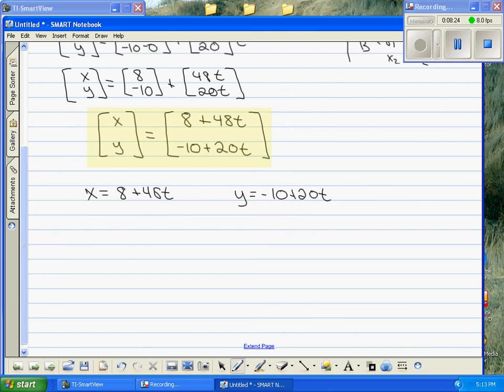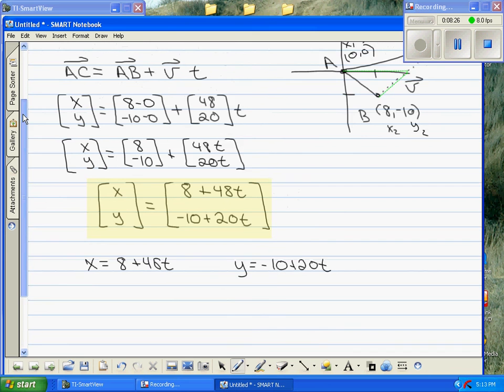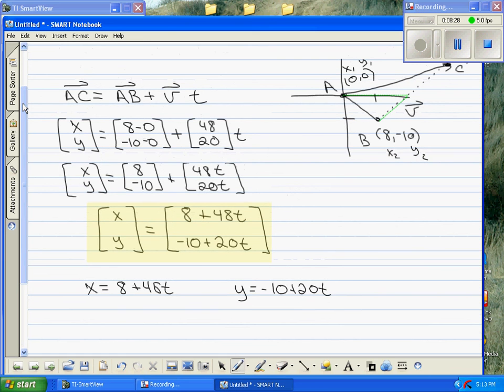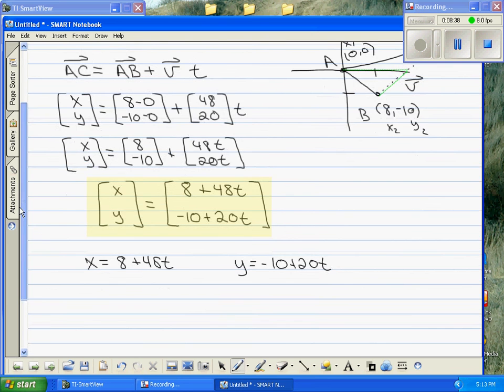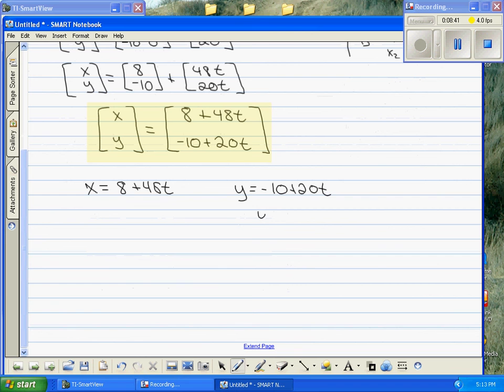Now, if I look at the picture directly east of us, I go up and down 0, and how far right is the car? I don't know. So up and down is y. That means that y is 0. Left and right, I have no idea. I can't solve this because I don't know what x is.